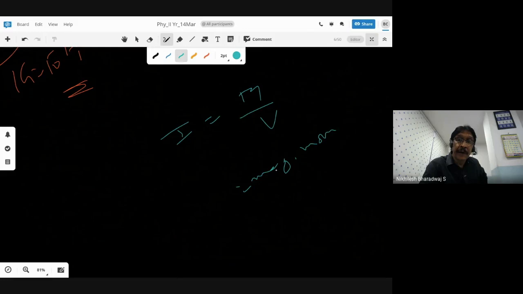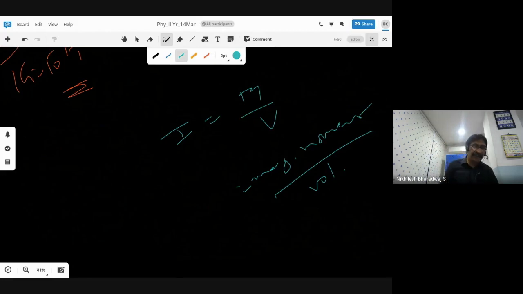Magnetic moment by volume. So magnetization or intensity of magnetization, you can write it as magnetic moment per unit volume.